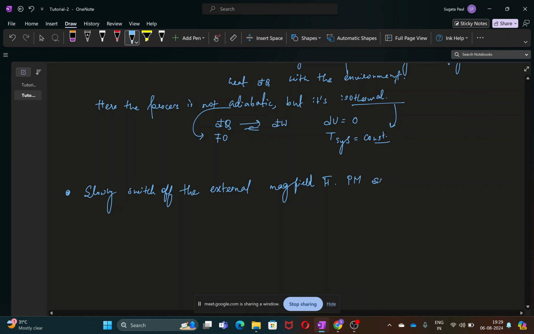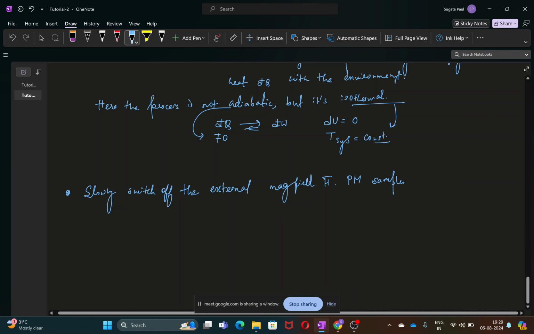Now the paramagnetic sample, where the spins were aligned because of the presence of the field, starts to get demagnetized.